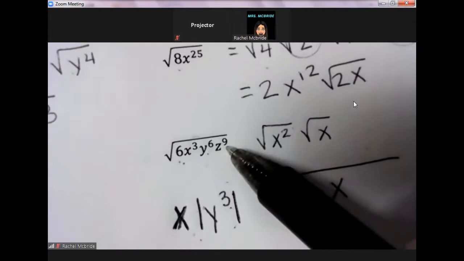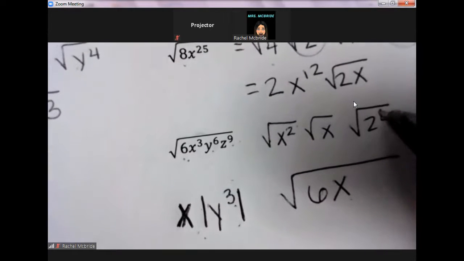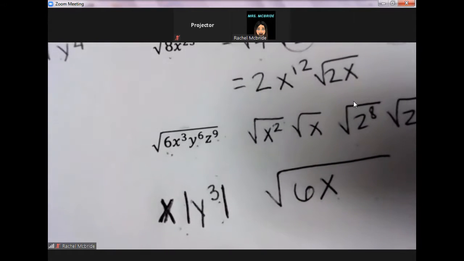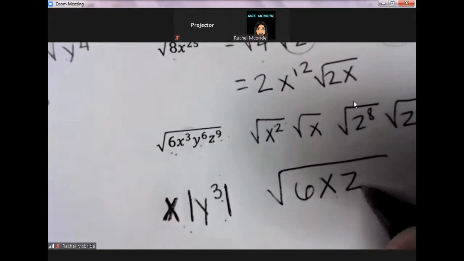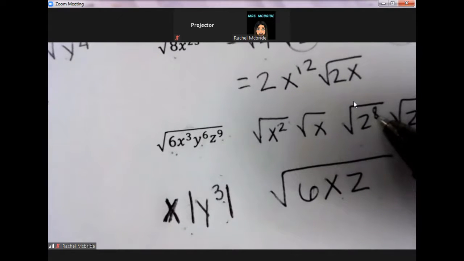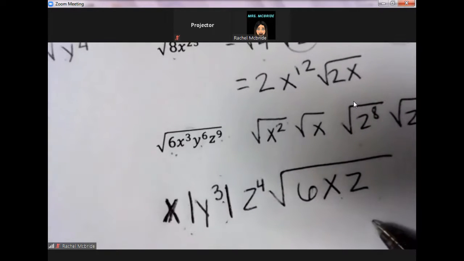Okay, z to the 9th, even or odd? Odd, so it's kind of like z to the 8th and z. So you know that a z is going to be underneath. What's 8 divided by 2? So z to the 4th comes out, 1 stays in.